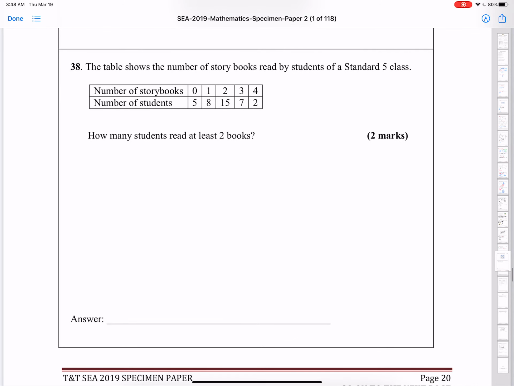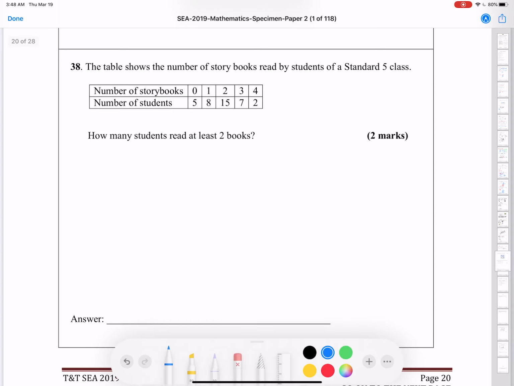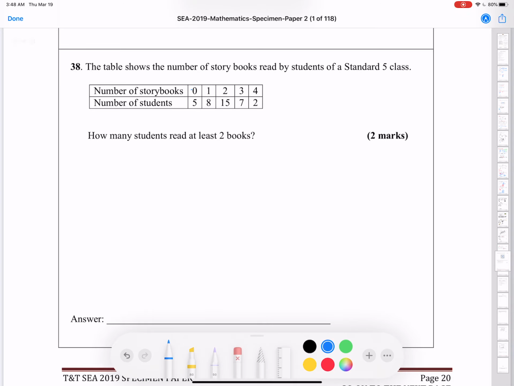along. Okay. The table shows the number of storybooks read by students of a Standard 5 class. How many students read at least 2 books? Alright, let's interpret the table quickly. Number of storybooks, 0. This here, 5 children read 0 books.